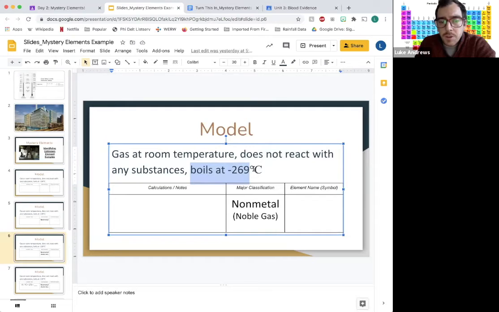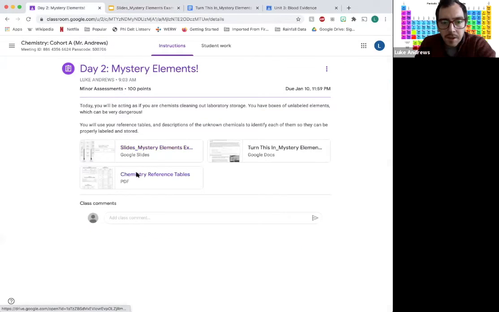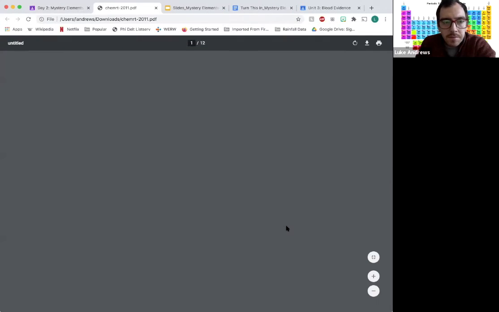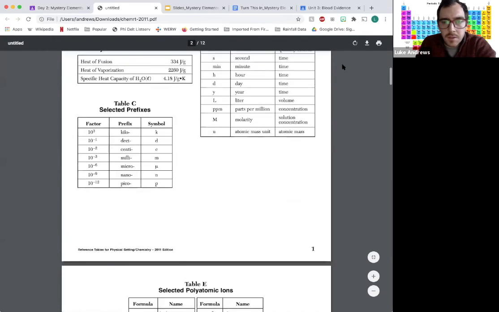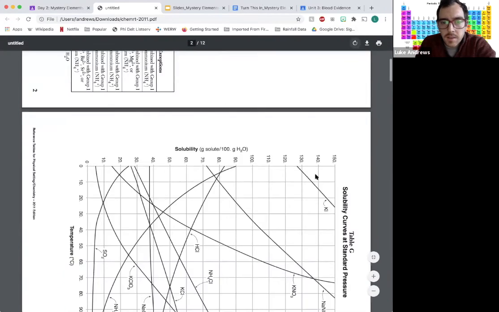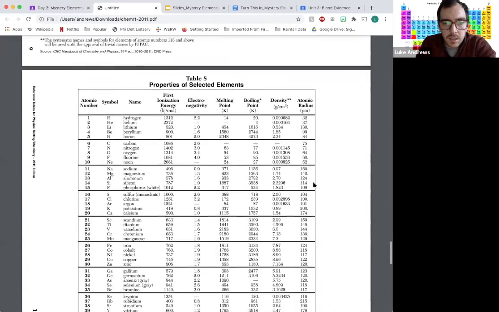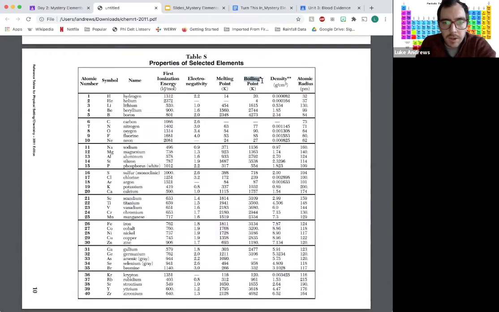This will be really useful because if we go to our reference tables, actually I want to be able to rotate these. So allow me to bring up our reference tables, way down at the end, Reference Table S. Look at that, we have boiling points.